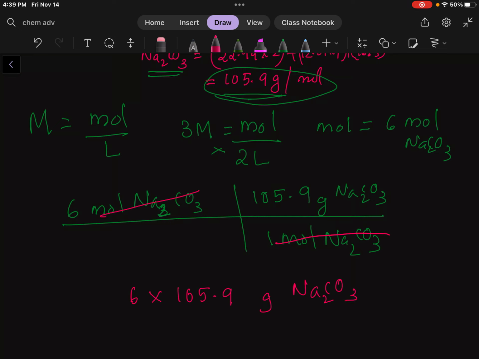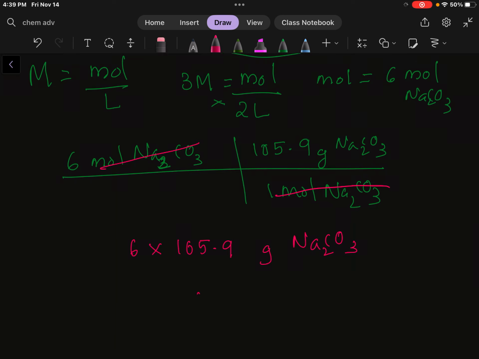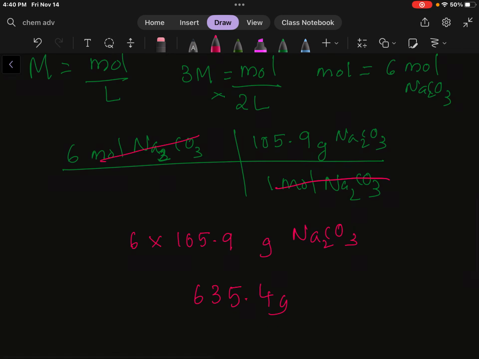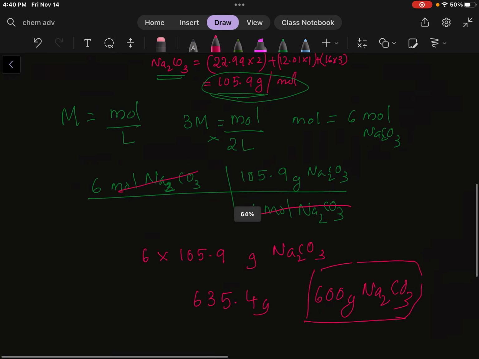So you are basically multiplying 6 times 105.9, which is 635.4 gram. Or since we are rounding to 1 sig fig, you can round that to 600 gram of sodium carbonate. So that is about molarity.